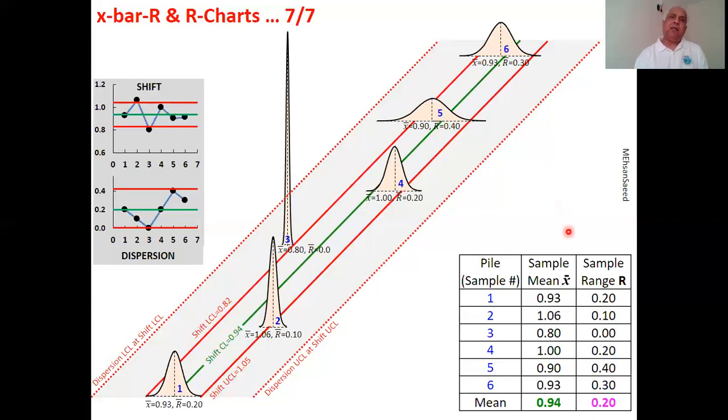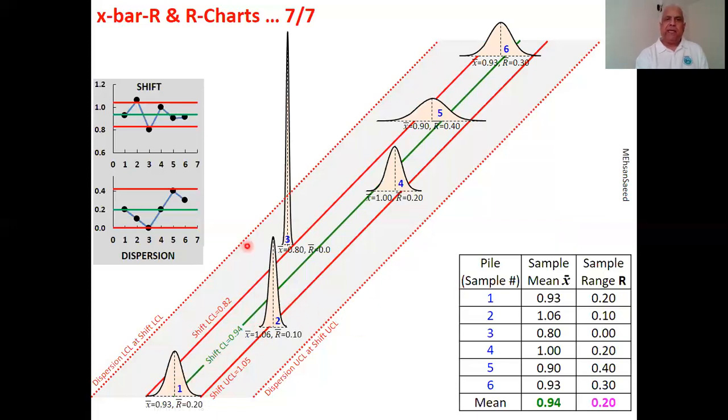So this is a visualization of what is happening to the shift and dispersion process. Think of the bell curve as a worm, as a living thing. And if it was a living thing, this is how it would behave.